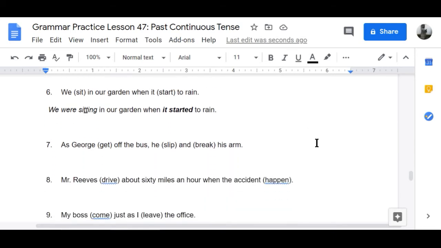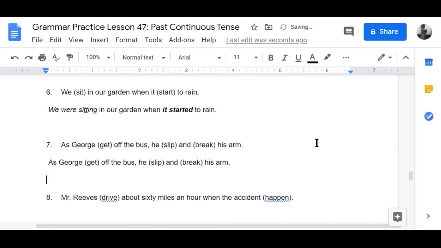7. As George off the bus, he and his arm. Tough luck, George. That was sad. As George was getting off the bus, he slipped. Poor George. He slipped. So sorry, George.